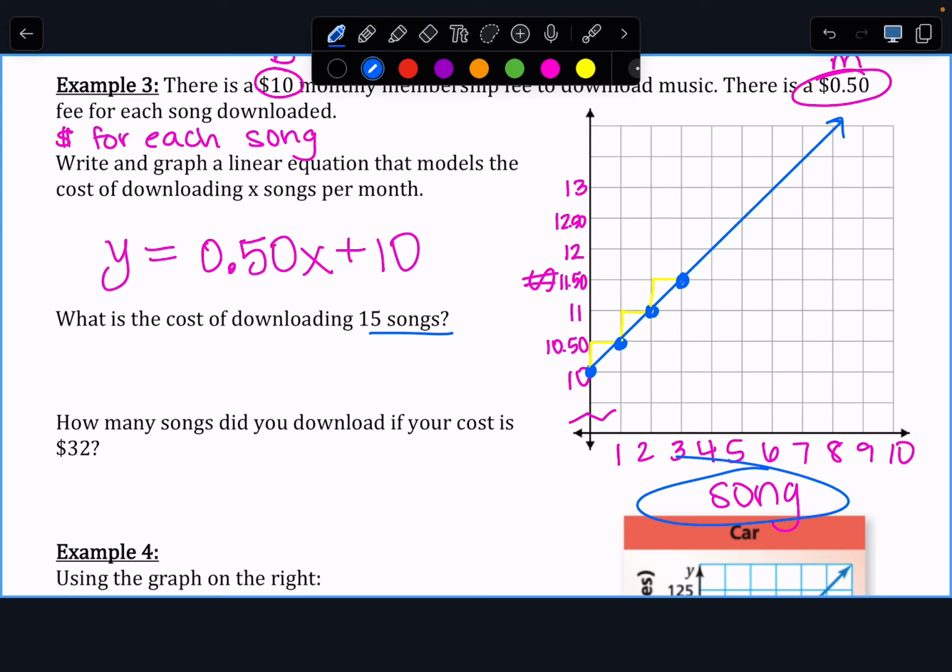Okay, and where am I going to put 15? X or Y, you have two choices. X, do you see how song is on our x-axis? Okay, so y equals 0.50 times x plus 10. What's 0.5 times 15?